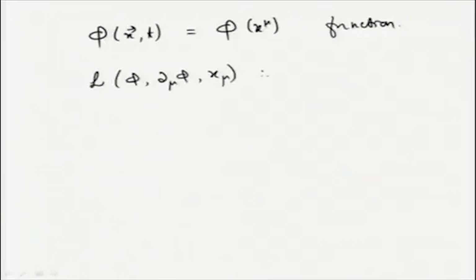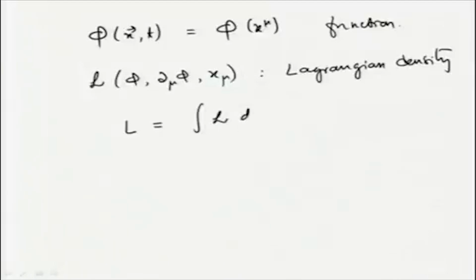This is basically what we will consider to start with, the Lagrangian density. The actual Lagrangian is obtained by integrating this Lagrangian density over the volume of the system.